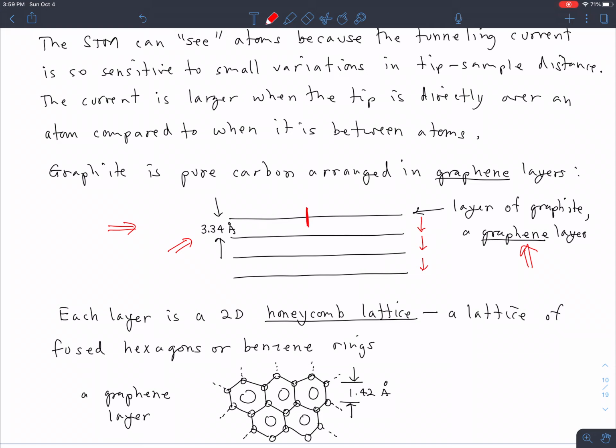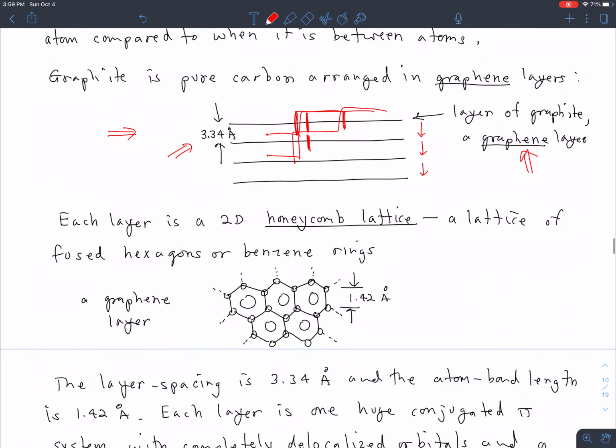Some of these surfaces terminate, and then the STM will see that step on the step edge on the graphite surface, and we'll be able to measure this interlayer spacing. We'll be able to tell whether we're seeing one interlayer spacing or two, whether the interlayer spacings are staggered or whether they've both been cleaved at the same point, and so on. We'll be able to see all those kinds of things.